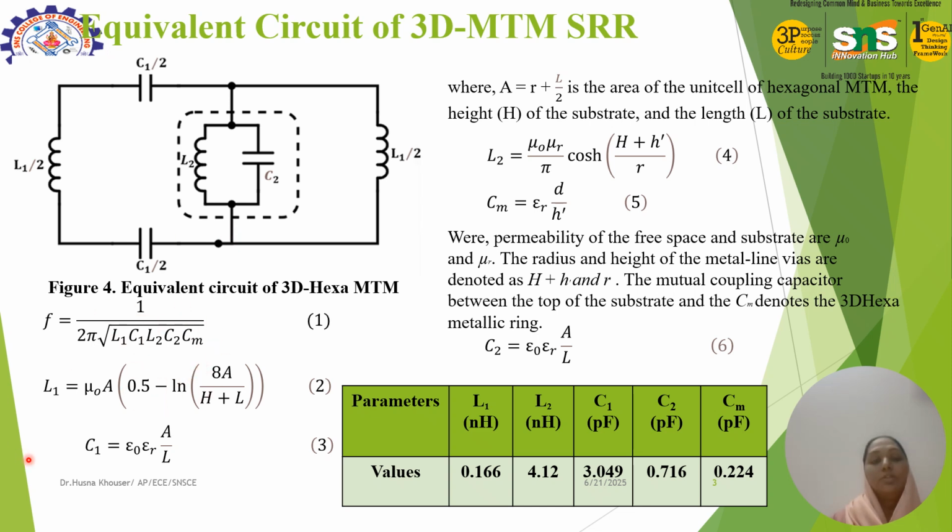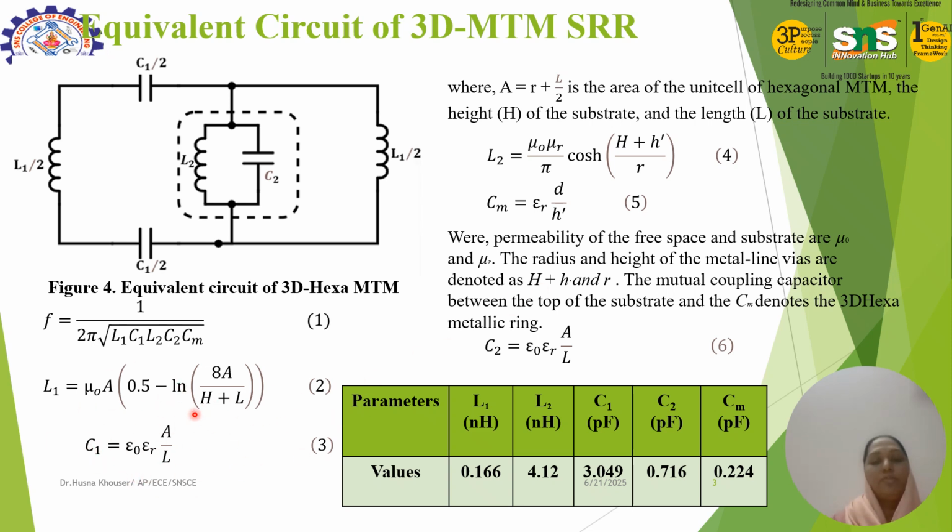L1 is calculated based on mu naught A, where A is the area of the hexagonal ring, times 1.5 minus ln of 8A by H by L. H is the height of the substrate, L is the length of the unit cell, and the capacitance C1 is calculated based on epsilon R A by L. Here C1 and C2 are almost the same.